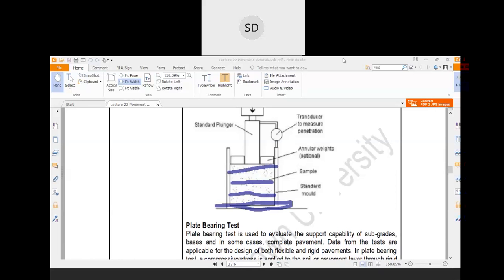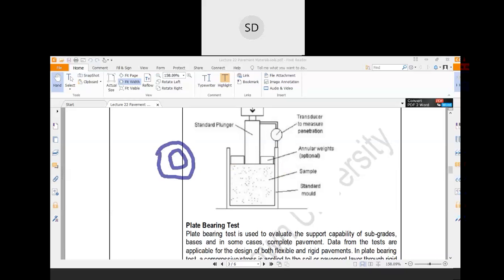After that, we will prepare the sample, and if excess soil is there, we will trim it, and over that we will place another plate. In this plate there would be a hollow in between. In the top view it would look like this.